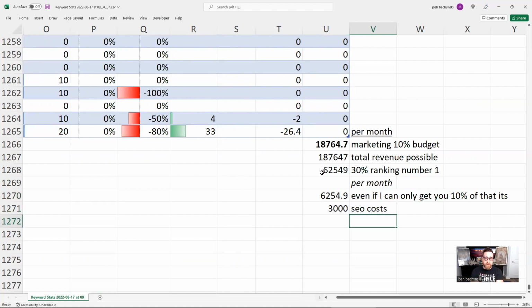So SEO $3,000 per month. It still leaves you with $3,200. You still have more of the revenue, and that's if only I can get you 10% of this. There's no reason I shouldn't be able to get more than that. This is 30% of what's totally available. I could make my SEO budget $10,000 a month, and they'd still be making $52,000 at that point.